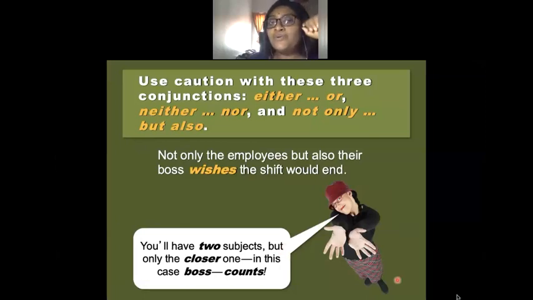You might have 2 or 3 subjects, but you have to look at the closer one, that means the subject that is close to the verb, and then you take that into account in forming a verb. So I'll give you an example for this one.